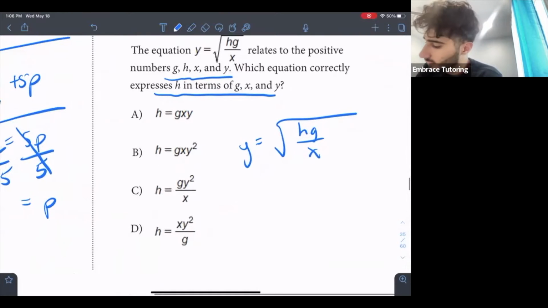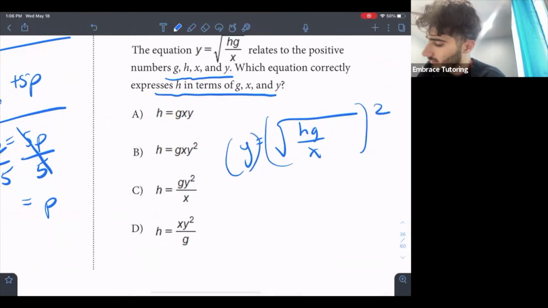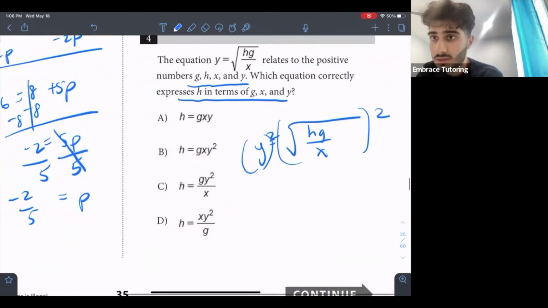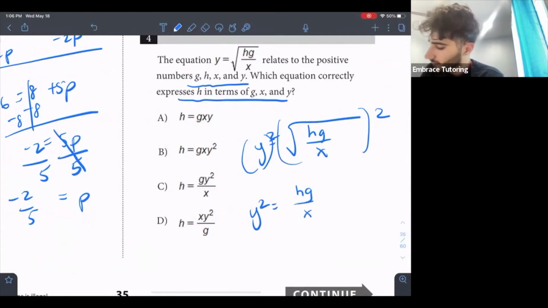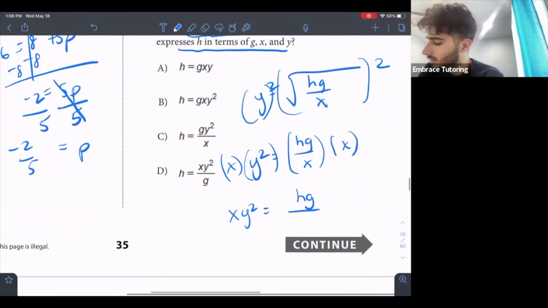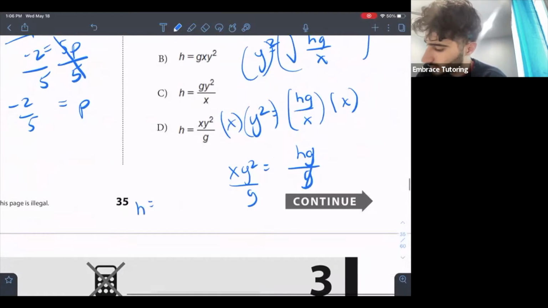First, you square both sides to get rid of the square root. Then you get y squared is equal to hg over x. Multiply both sides by x to get xy squared is equal to hg, and then divide by g to get h by itself.